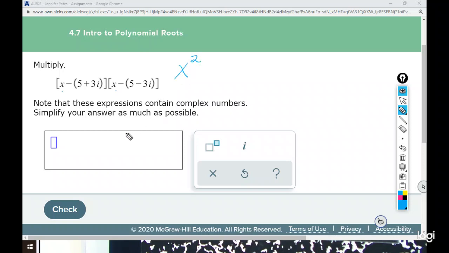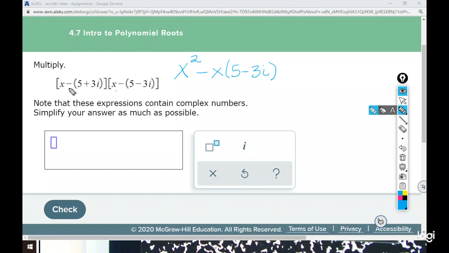All right, outside. I'm not going to distribute anything. I'm going to set it up. So this guy times this. So I've got a positive times a negative. So I'm going to put -x times 5 minus 3i. Now I'm going to move to the inside.